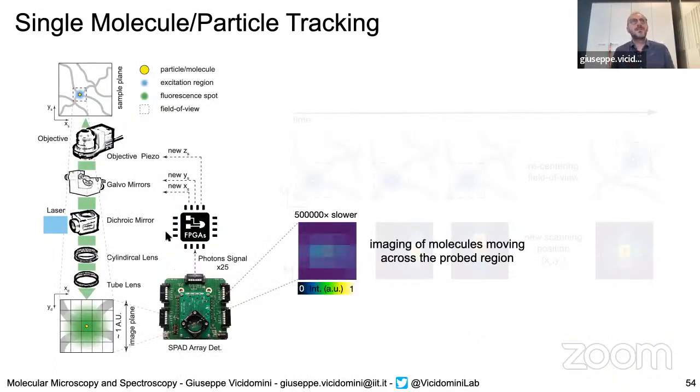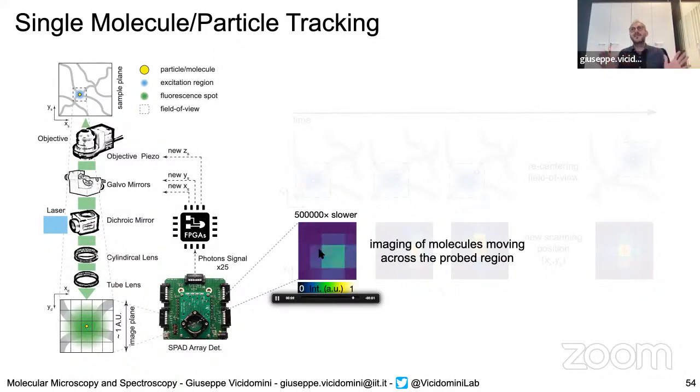Specifically, as I told you, our detector array can also be seen as a camera, a very fast camera, faster than any other camera. Thanks to the asynchronous readout, I don't have any kind of frame rate. The only limitation, since it's a SPAD, is that every time a photon arrives in one element, this element is blind for 10, 20 nanoseconds.